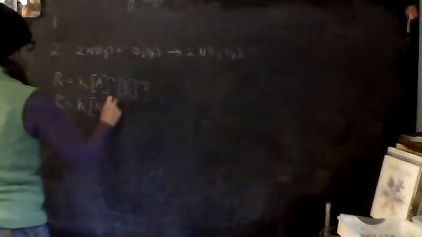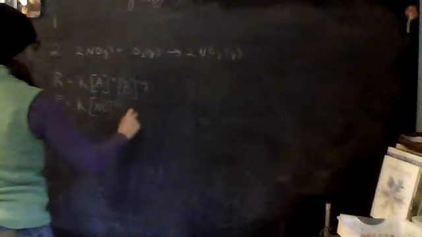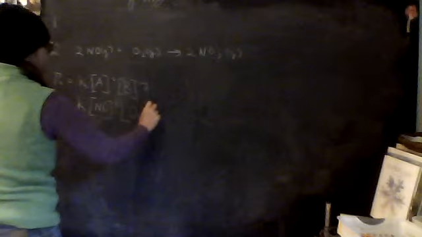It also doubles. So that means that y equals 1. So now we can write out our equation: the instantaneous rate is K, which we haven't yet determined, times the NO concentration to the square power times the O2 concentration to the 1 power.